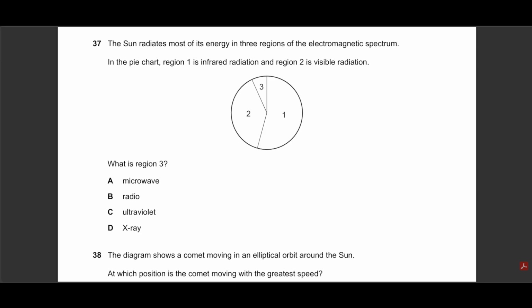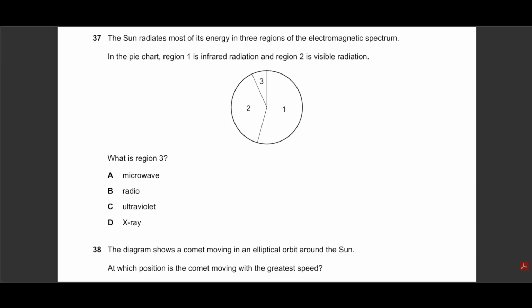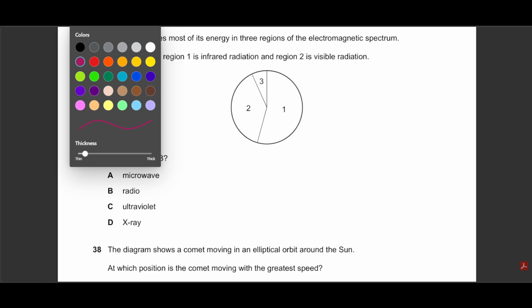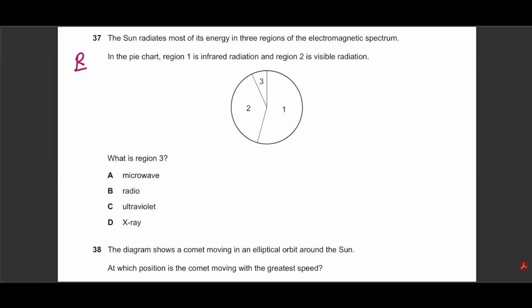Question number 37, he says, the radiation we're receiving from the sun is broadly divided into 3 spectrums. Which one is infrared, visible, and so on and so forth? So, which one is region 3? It's fairly obvious at this point. Again, it's from memory. And this is a repeated question. You don't expect this question too often, but it is a repeated question in hindsight.